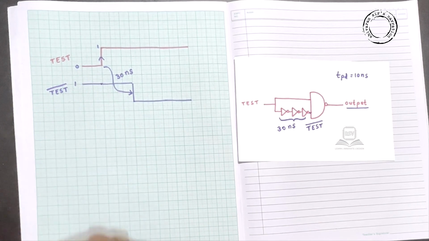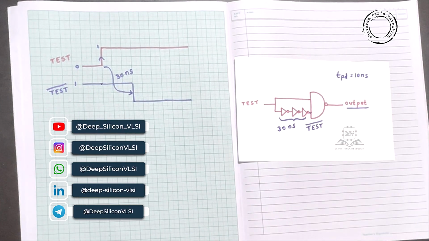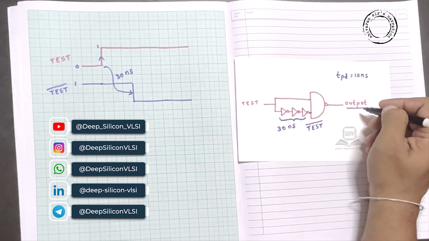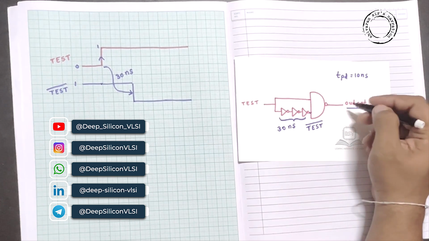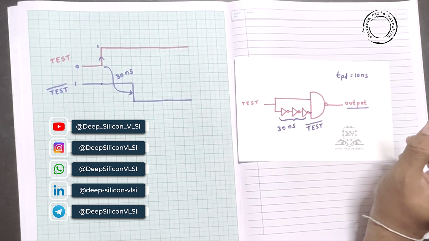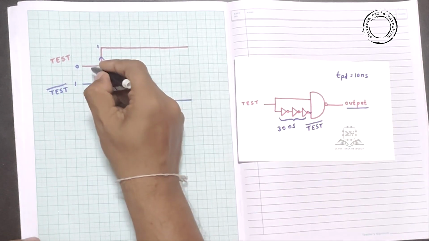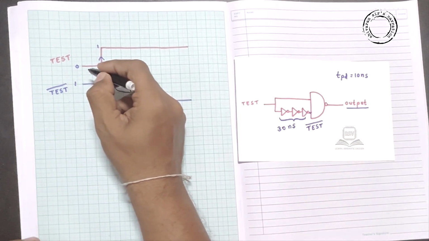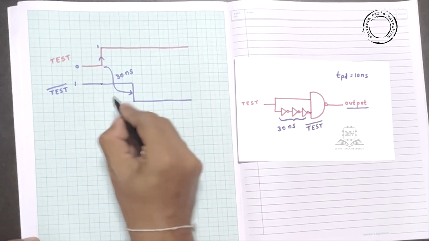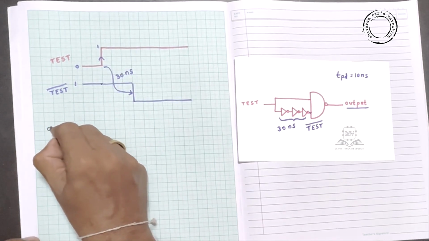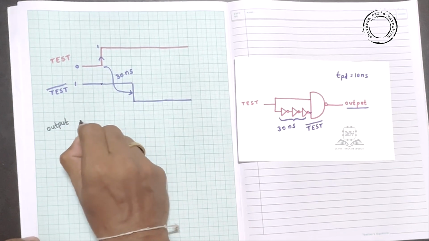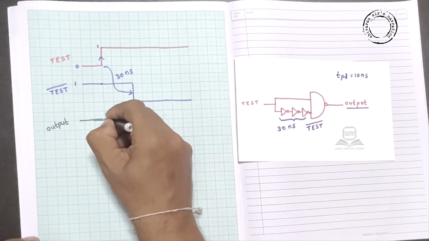Got it? Fine. Now it's time to discuss the output waveform. Simply it is the NAND operation of test and test bar. Previously it is 0 and 1, 0 NAND 1, so you get output as logic 1 till here, right?